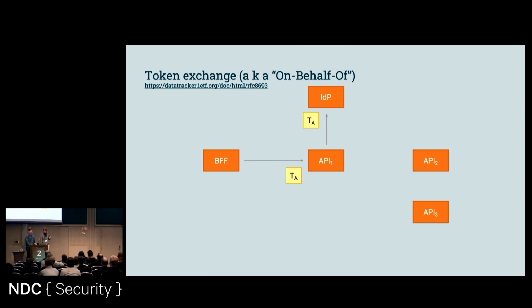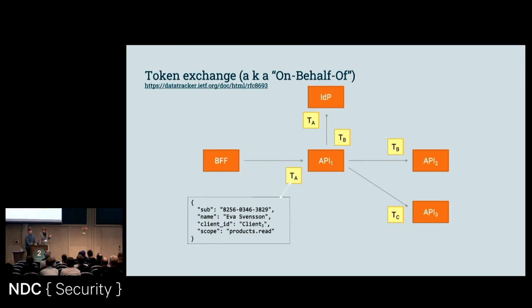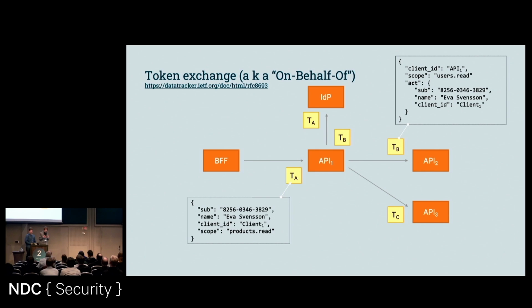We get token A, and then we exchange token A for token B or token C. If we look at how the tokens end up, we can see that the scoping is the same, but now we get this act claim in the token that shows the request chain, so we can verify that and keep the traceability and prove that the user initiated this operation or request. So please consider token exchange if this is important for you.